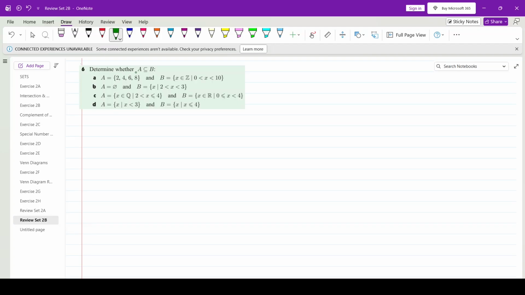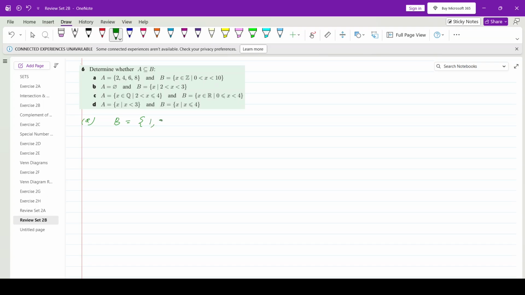Determine whether A is a subset of B. So in order for A to be a subset of B, all the elements of A must be present in B. Now let's first list the elements of B. B is a set of integers such that those integers lie between 0 and 10.